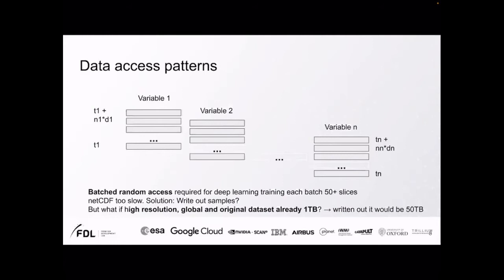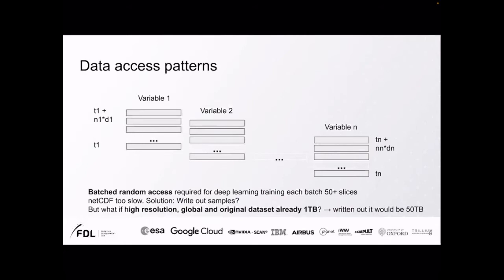And also, if you have relatively small data sets, even if they're 1 terabyte in total, and you need to take 50 slices for each sample and write this out, then you have a factor 50 larger data set in the bucket. So you move from 1 terabyte to 50 terabytes.